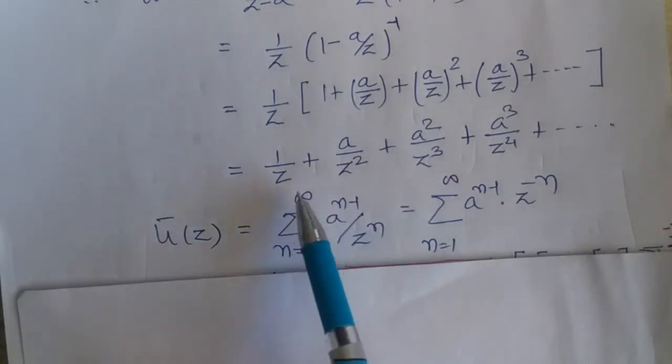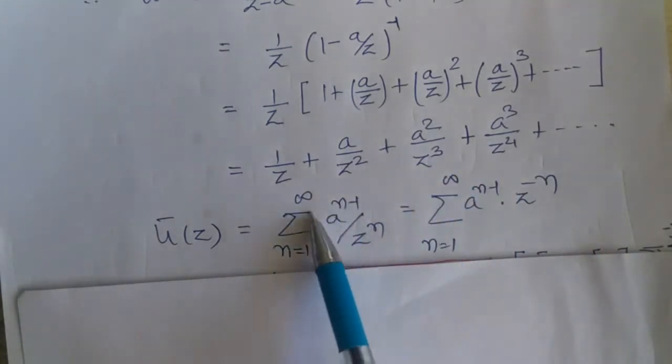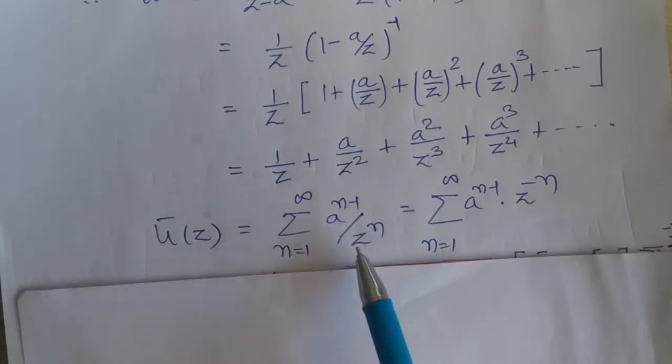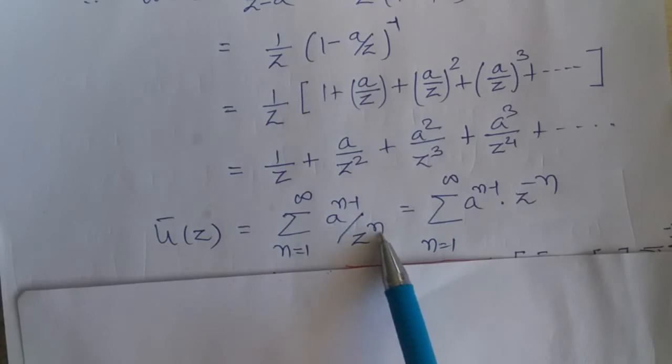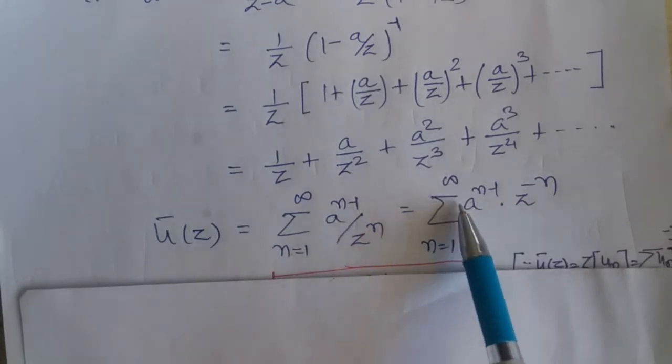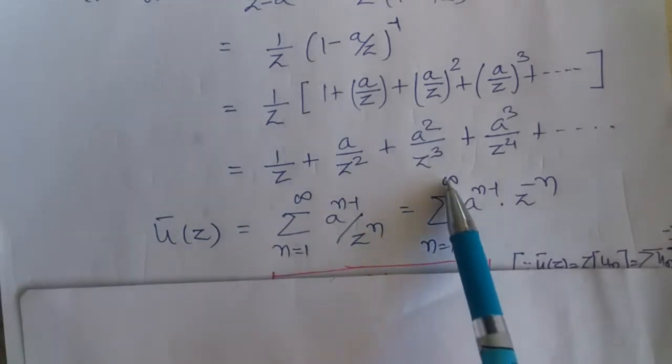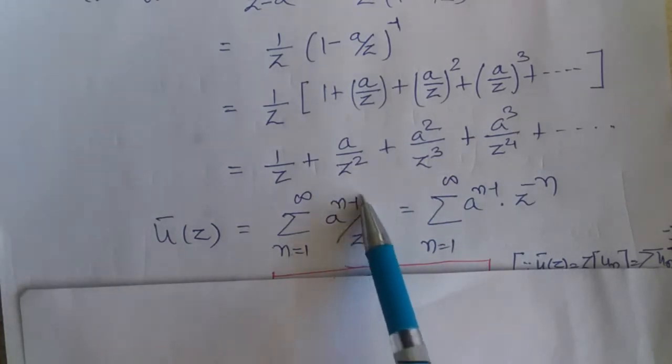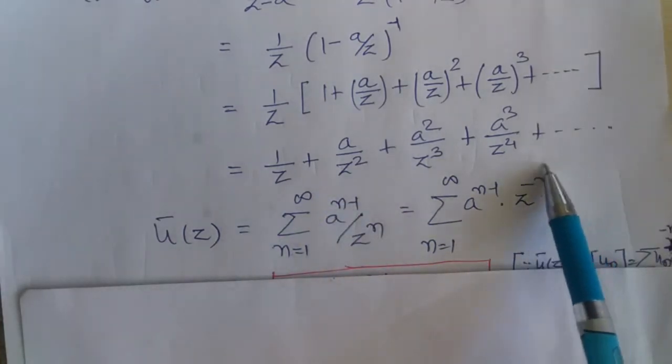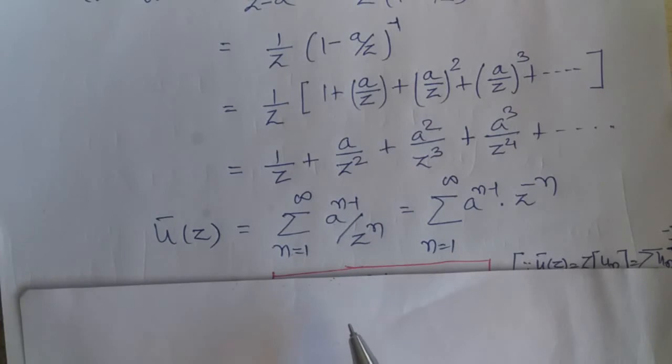So we can express this series in the form of summation n goes from 1 to infinity A power n minus 1 upon Z power n, which is equal to summation n goes from 1 to infinity A power n minus 1 into Z power minus n.